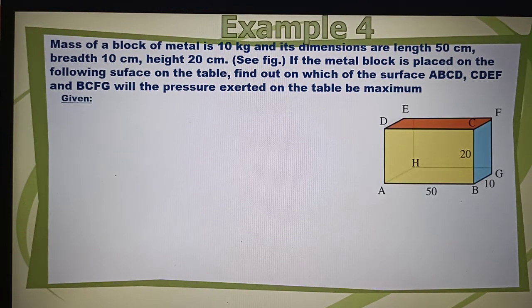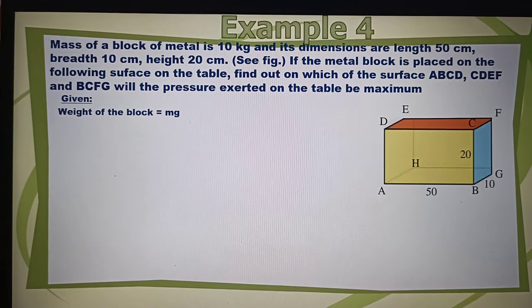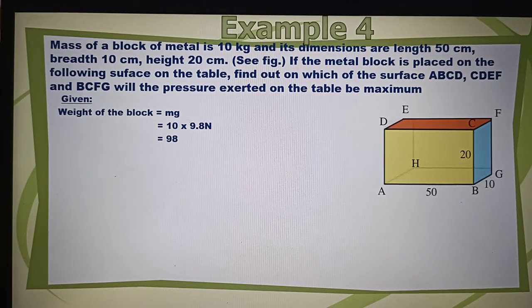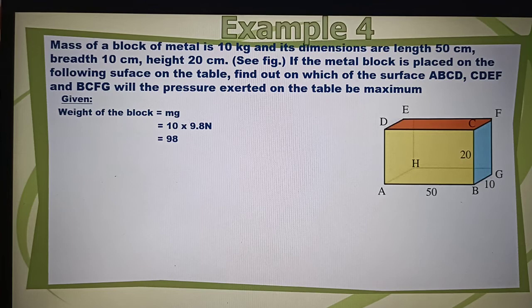So given, the weight of the block is equal to mg. That is 10 into 9.8 Newton. So when we are multiplying any decimal number with 10, the point will move one place. So that is 98.